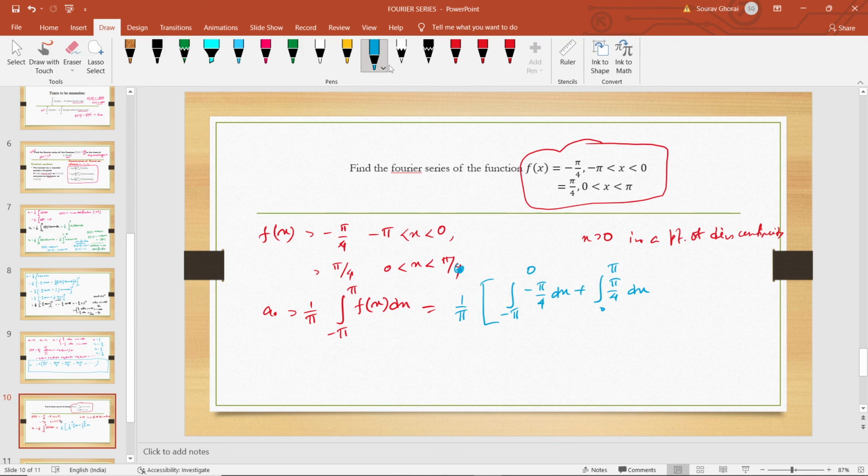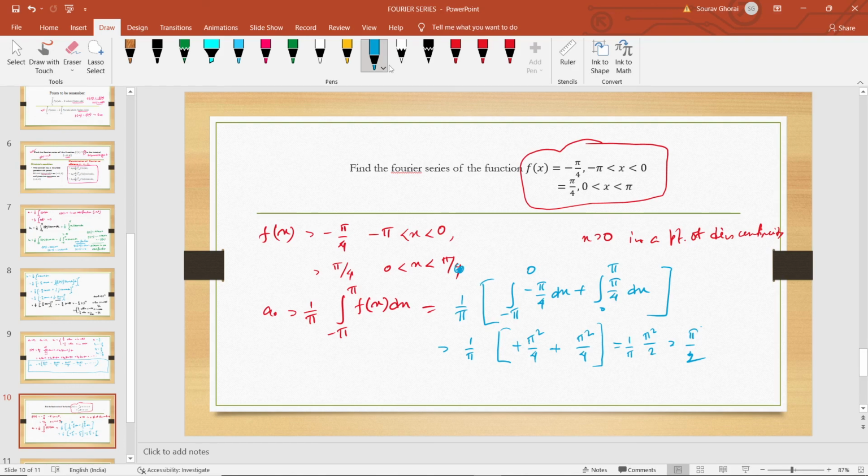So from here what we get is 1 by pi times pi square by 4 plus pi square by 4, that is 1 by pi times pi square by 2. So we get pi by 2.